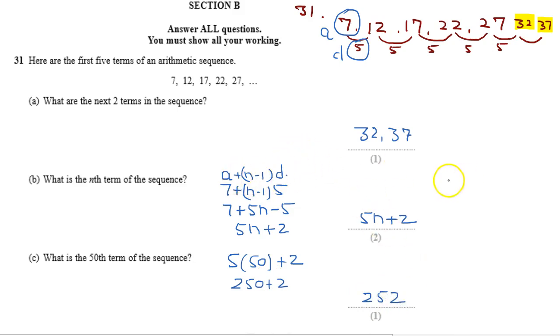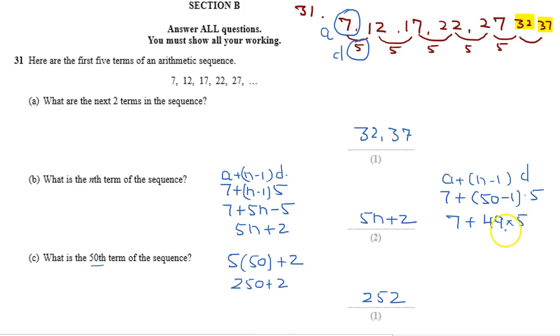We can use this formula also, a plus n minus 1 d. This is a general formula and this is a particular formula for this question. So a is the first term 7, plus n is 50, that is 50 minus 1, and d is 5. So that is 7 plus 49 multiply 5.